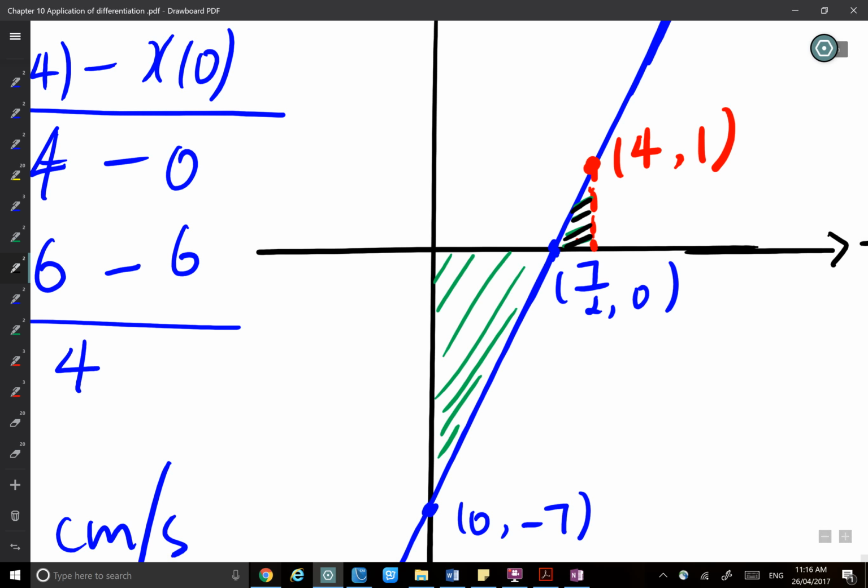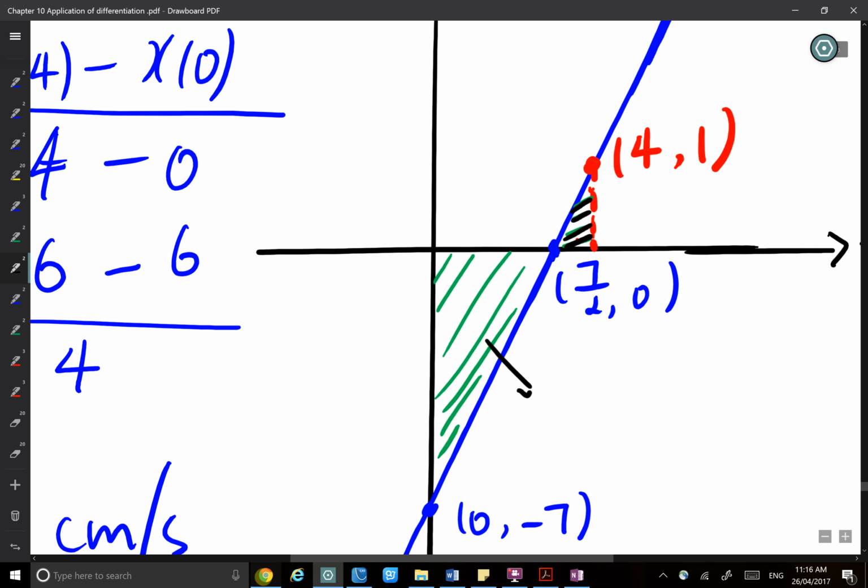That's the area bound by 0 to 4 seconds, between the x-axis and the curve itself. So that gives me 7. That area equals a half times 7 over 2 times 7. That's 49 over 4.